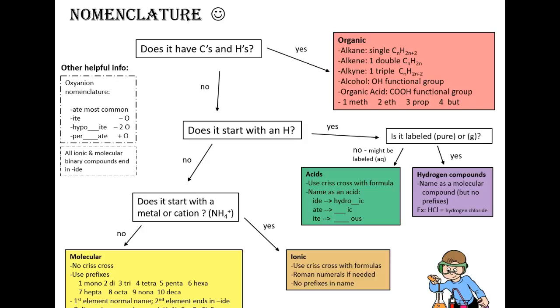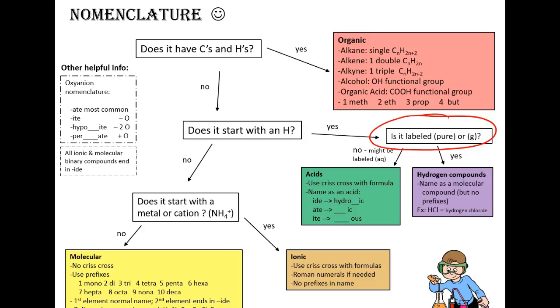If it's not an organic compound, then I would look to see if it's an acid. If it starts with an H at the beginning of the formula, we would use the acid naming rules. The only thing to be careful of, if you take a look at this portion over on the right, is whether it is labeled pure or gas. Acids, when we talked about them in class, we said are solutions of a compound that has a pH below 7.